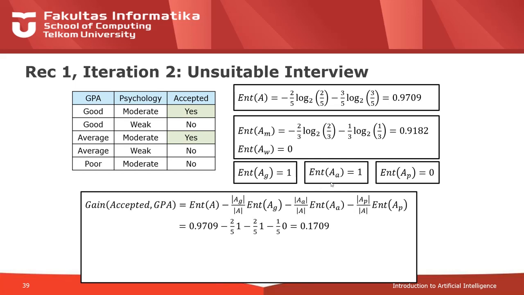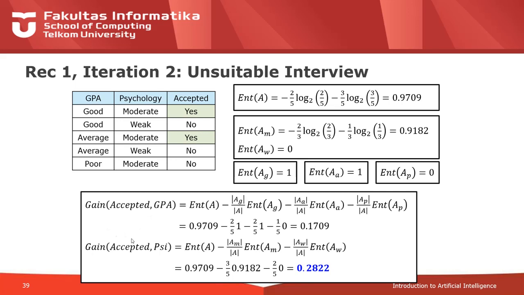And then we calculate the gain of GPA relative to accepted, and then the gain of psychology relative to accepted. All right. So after we have these two gains, now we know that the bigger gain is for psychology.